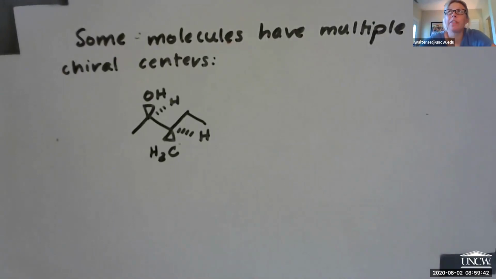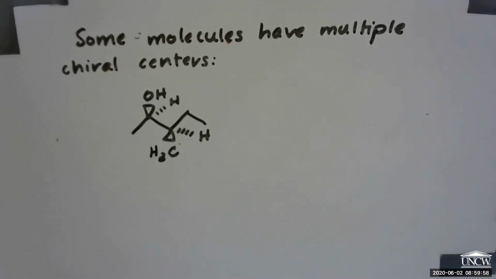You start with the first atom, and if the first atom doesn't distinguish between two groups, then you look at the things that those two particular atoms are bonded to. Okay, cool. Thanks.